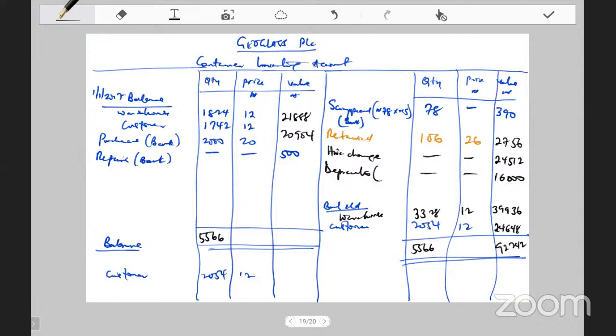Have you gotten the value now? 64,087. We have not done something. Something is missing. We didn't calculate for the purchases. What's the value for purchases? 22,000 times 20.